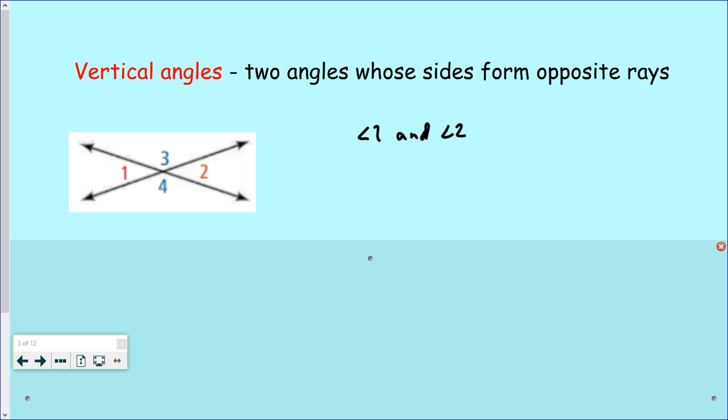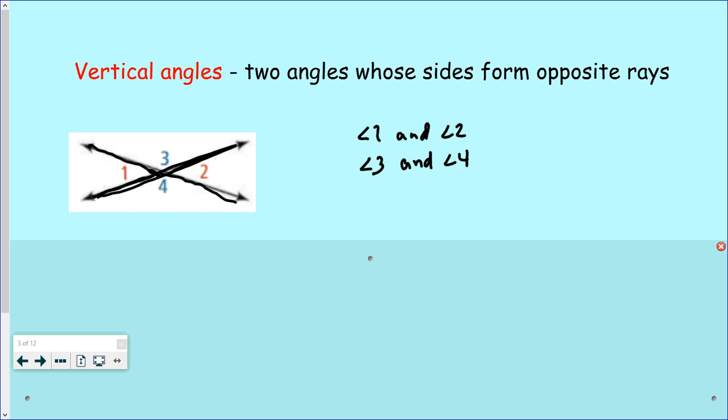The sides of angle 1 are here. The sides of angle 2 are here. And notice a side from angle 1 and a side from angle 2 make opposite rays, also known as a line. Angle 3 and angle 4 are also vertical angles.